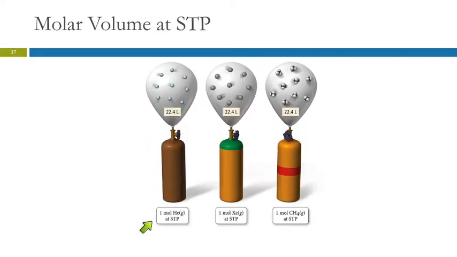So 1 mole of helium at STP, 22.4 liters. 1 mole of xenon, 22.4 liters. 1 mole of methane, 22.4 liters. Do they have the same mass? No, they don't have the same mass, but they have the same volume.